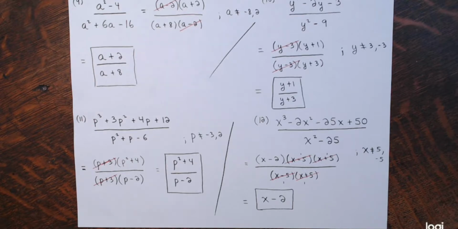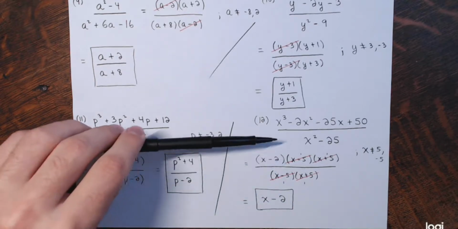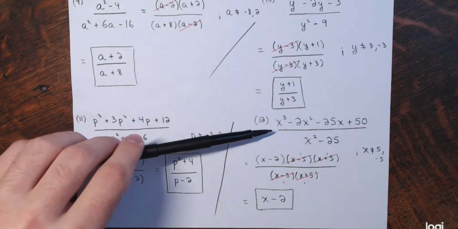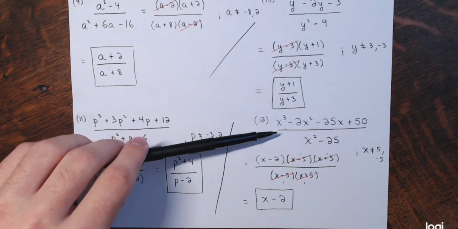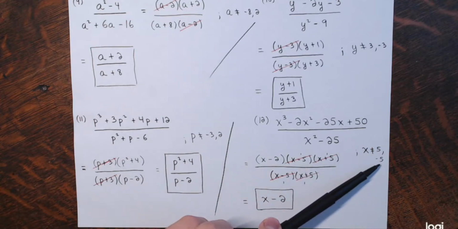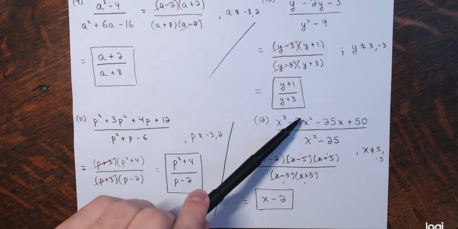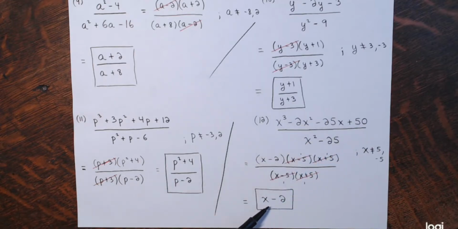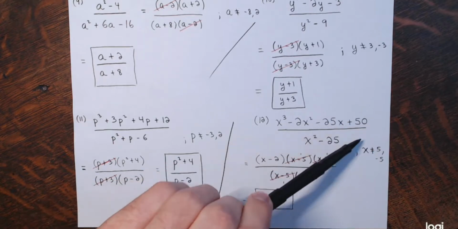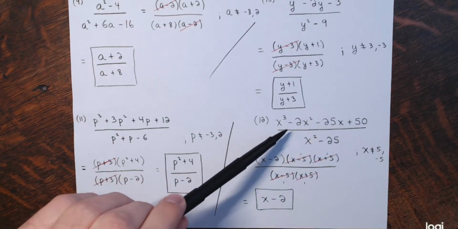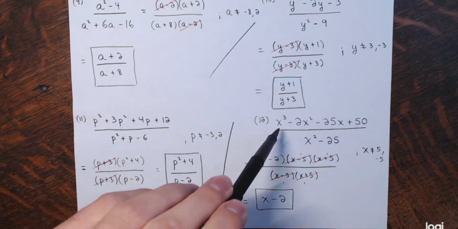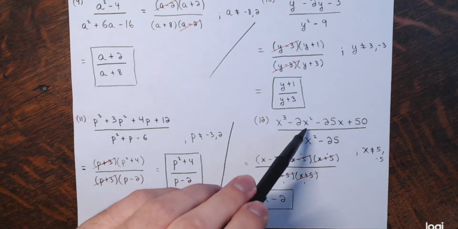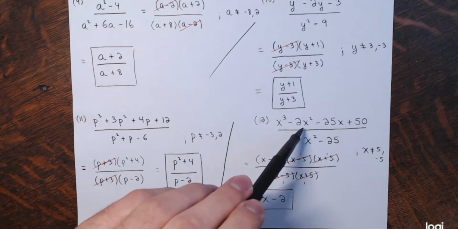And again, to check, as I've been saying every example, if you want to test this out, replace x with any value you want except 5 or negative 5, and the value of this big fraction we were given should have the exact same value as this expression here, x minus 2. So if I were to replace x with 3, this crazy big fraction, you'd have 27 minus 2 times 9 is 18. 27 minus 18 is 9.